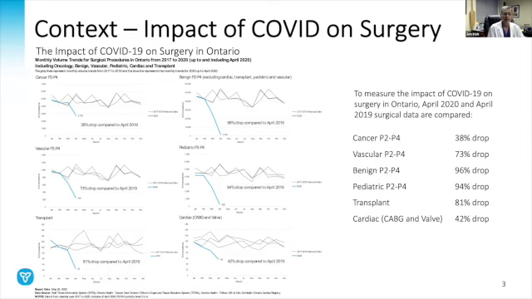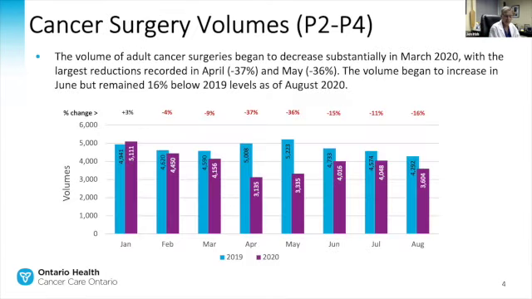Next slide. And the next slide actually talks about not only the activity reduction that occurred in March, April, and May, which were at the apices of the pandemic, but even after directing to reopen surgical volumes, you can see the reduction in surgical activity that has occurred in June, July, and August in comparison to our historical numbers.